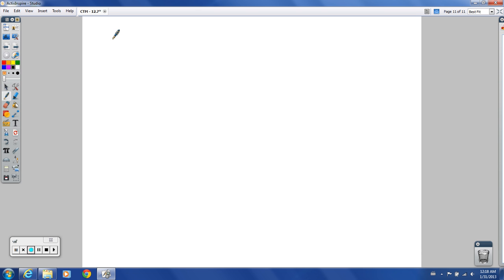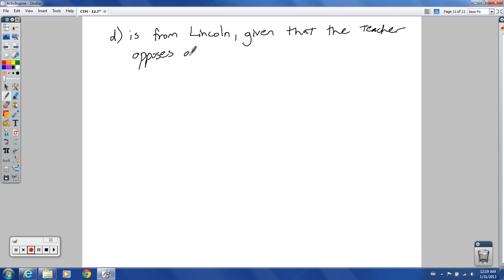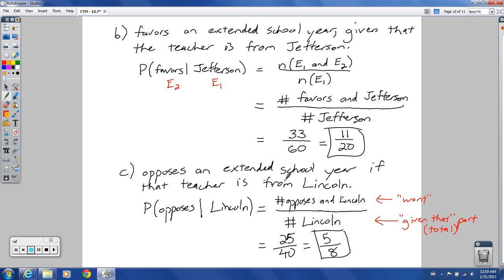Let's do one last part, and we will call it good for this lesson. So this one, probability that the teacher is from Lincoln, given that the teacher opposes an extended school year. Now, if we look at this, this is basically this flipped around.